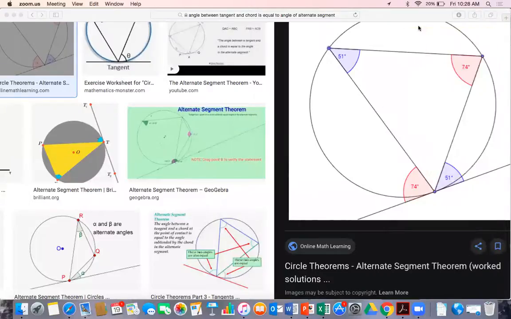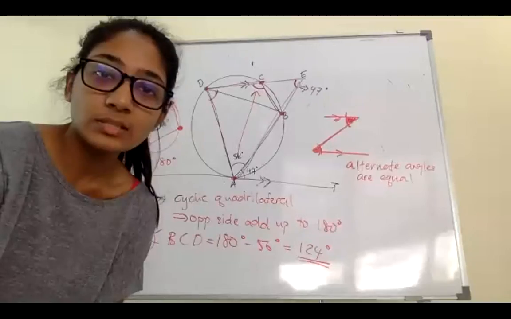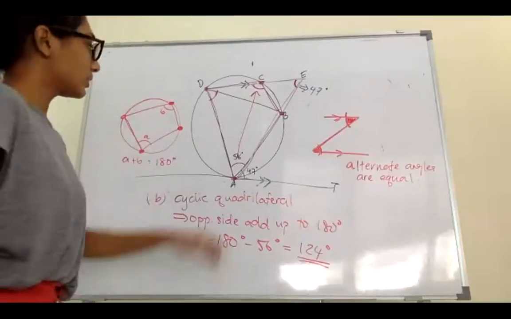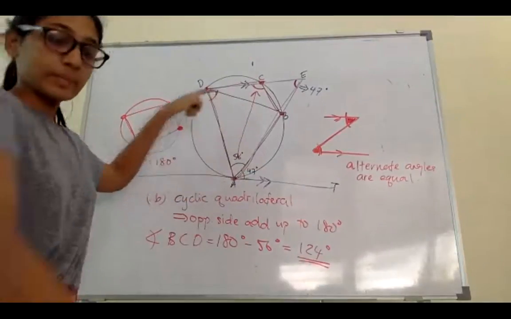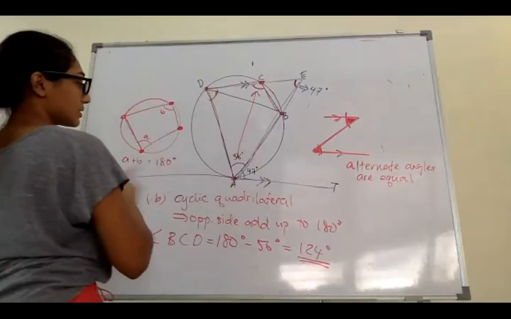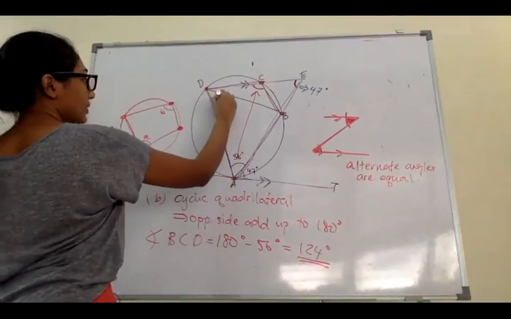Okay, so according to the angle just now, alternate segment, these two angles will be the same. So if you look back at the question, these two angles will be the same. This is 47, 47.